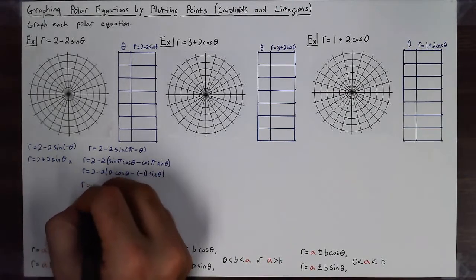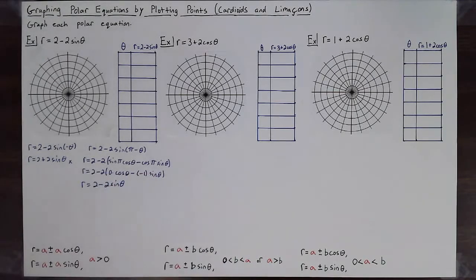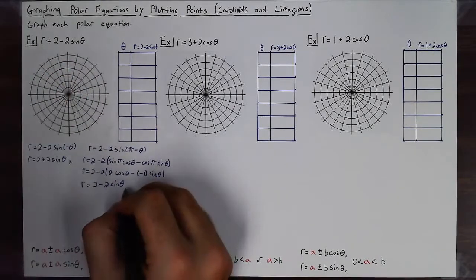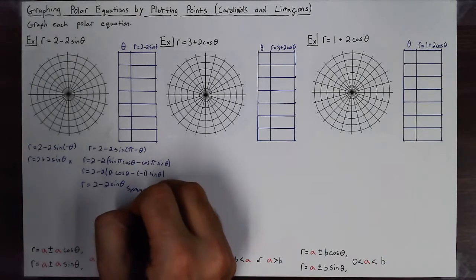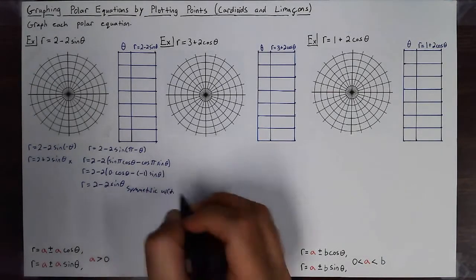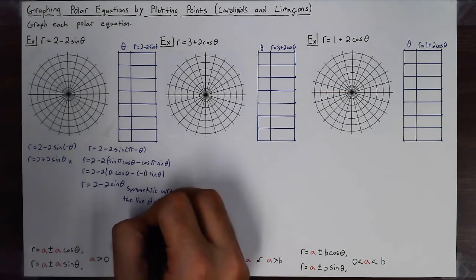So I end up getting r is equal to 2 minus 2 sine of theta, which already tells me that this graph is symmetric about the line theta is equal to pi over 2.